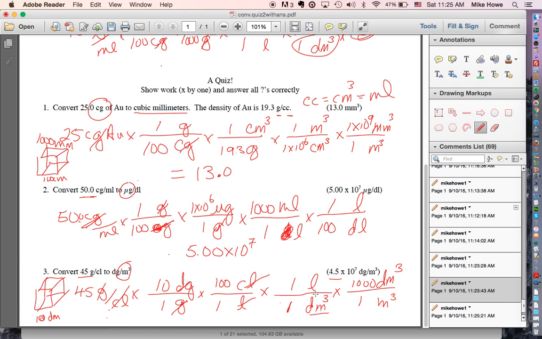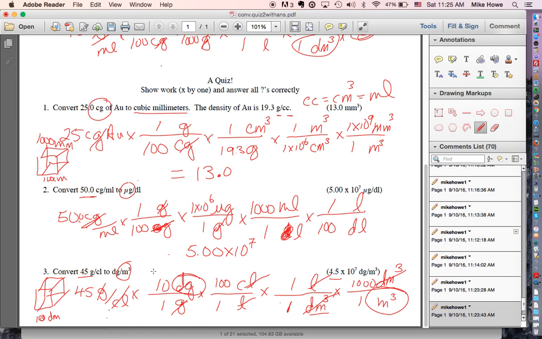And we did cancel liters, and we did cancel cubic decimeters. So now what we have left is cubic meters on the bottom, and decigrams on the top, and that's what we want, decigrams over cubic meters. That's the end of that quiz.